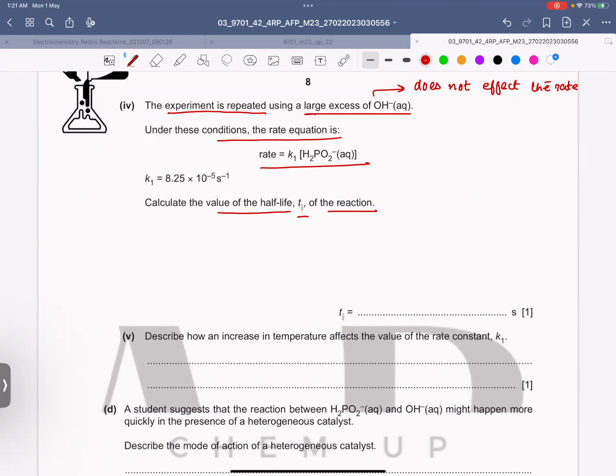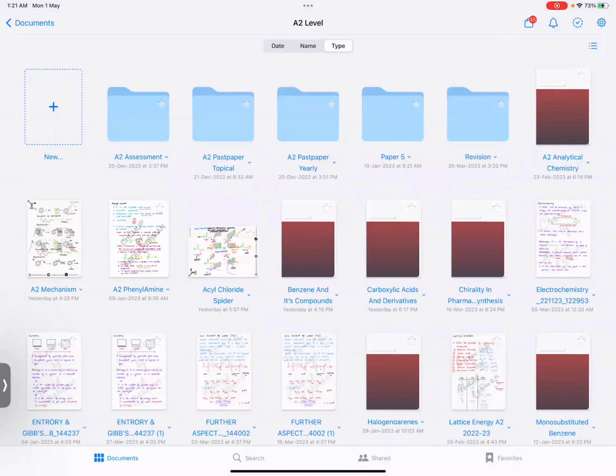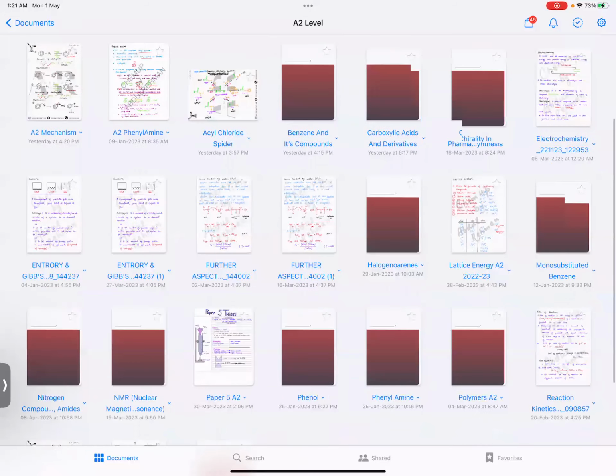There is one expression we have, that half-life is equal to 0.693 over K. I have told you it is for the first order only, and now the reaction becomes first order, so we would use this. Let me show you the equation.